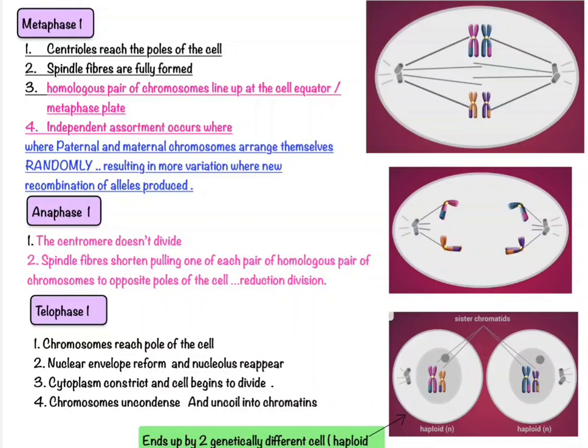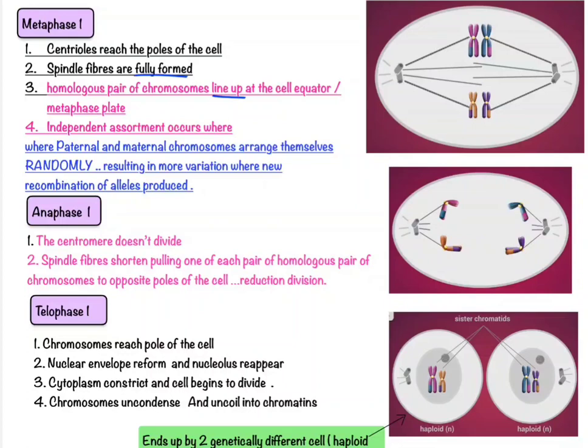The spindle fibers are fully formed. Okay, they're now fully formed. And the homologous pairs of chromosomes line up at the cell equator. They join here. That's what identifies metaphase going on, that they align at the cell equator. And also, what's new here, the independent assortment.